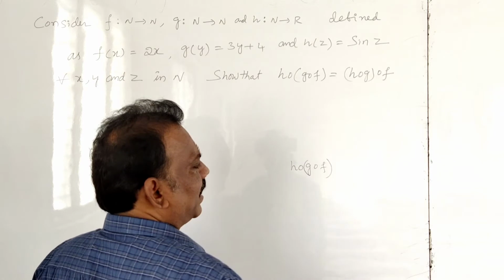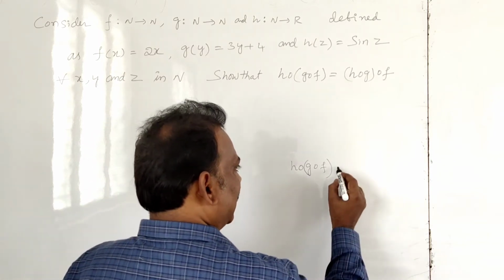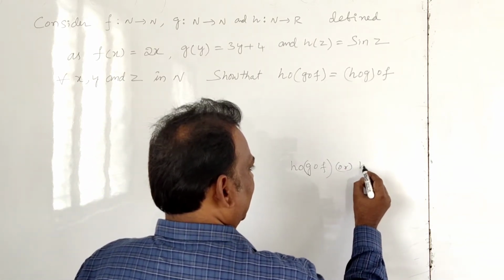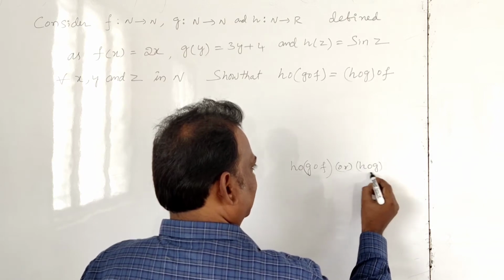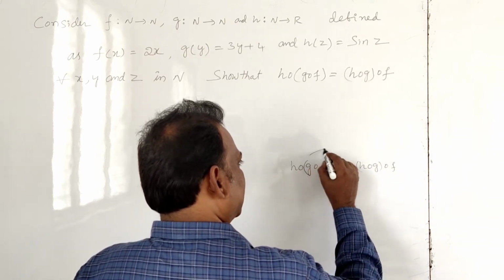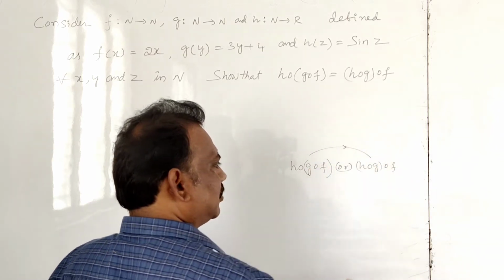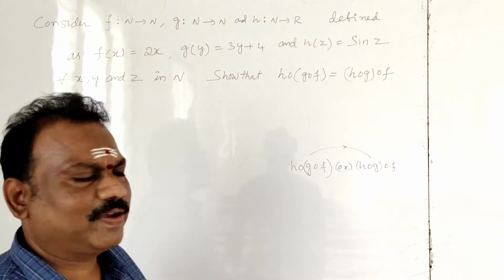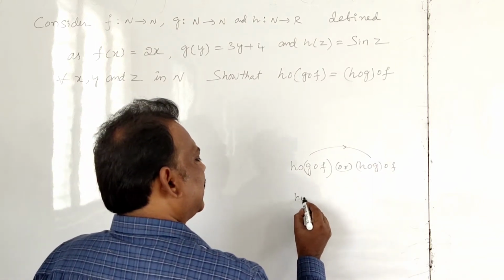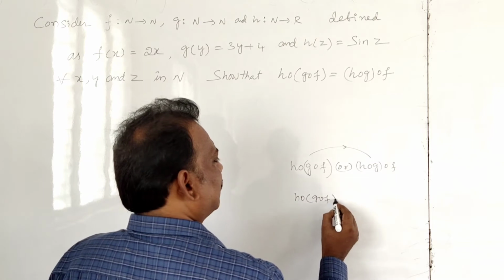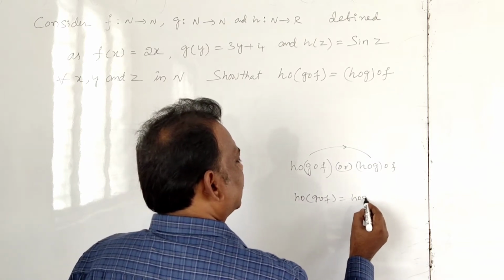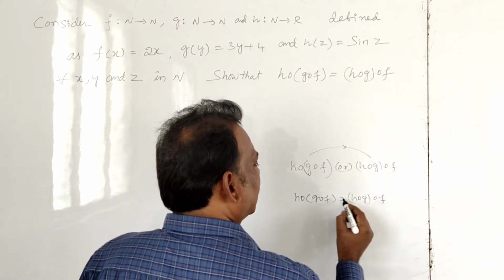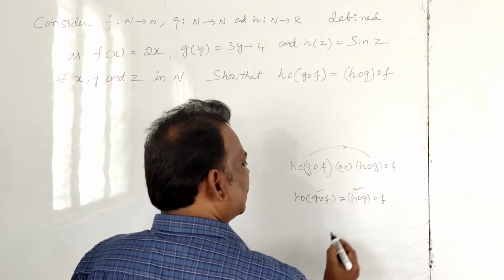So we can use brackets in g circle f, or else h circle g circle f. So these two exist and are also equal. That's why h circle g circle f is equal to h circle g of circle f. So these two functions are always equal.